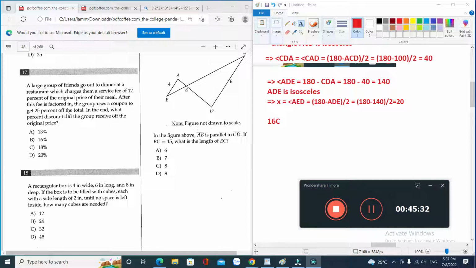So after this fee is factored in, the group used a coupon to get 25% off the total. At the end, what's the percent discount that the group received of the original price?